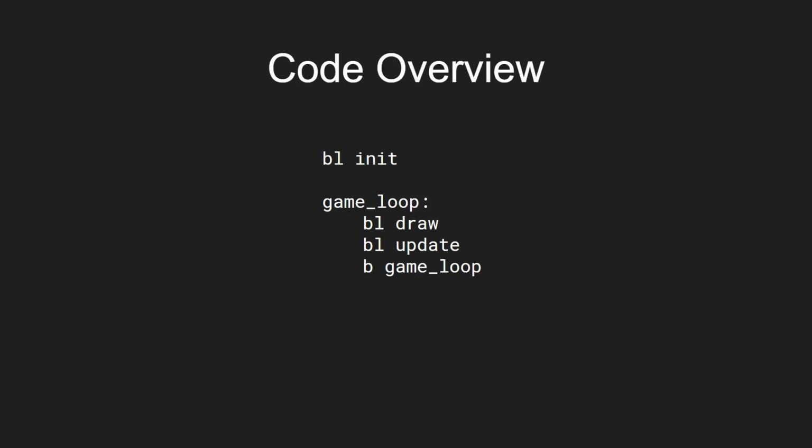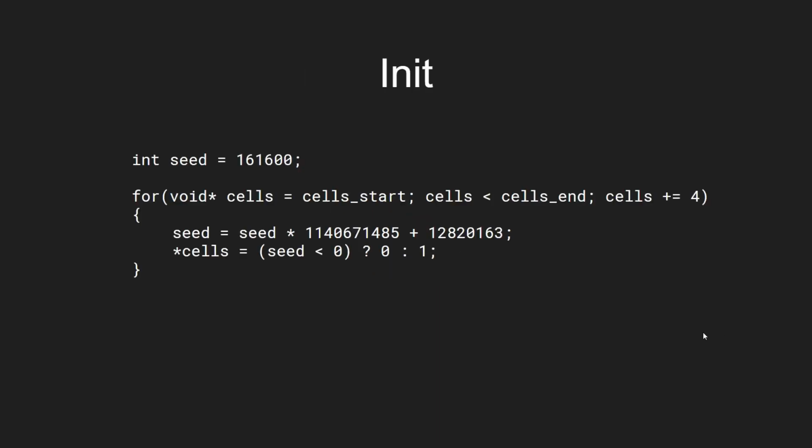Thus, we have a game loop which repeats itself: draw, update, draw, update, draw, update, like that. Now, we will move on to each function to describe the functions in detail. So from now on, we will switch to the C code because assembly code is pretty hard to understand, and C code is easier to show on the screen.